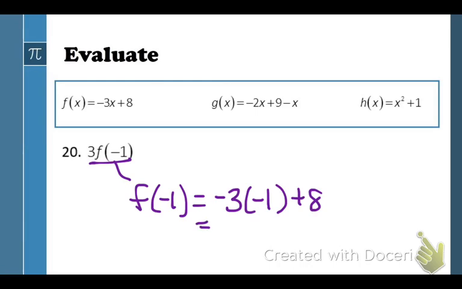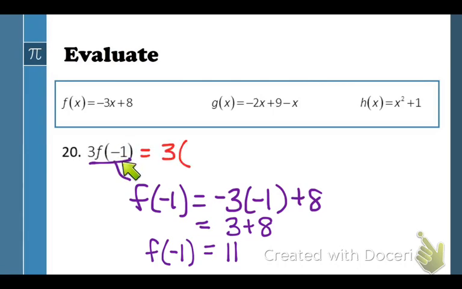So that's going to be 3 plus 8, which is 11. So f evaluated when x equals negative 1, or the output, is 11. So I can then do 3 times this output, which we said was 11, and I get 33. And there's my answer.